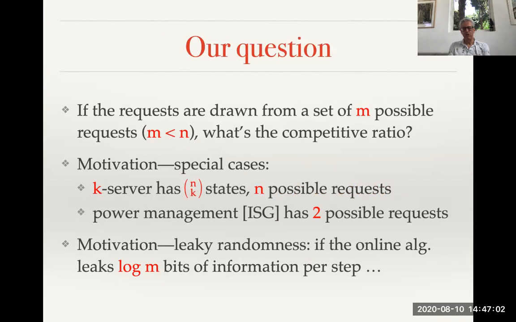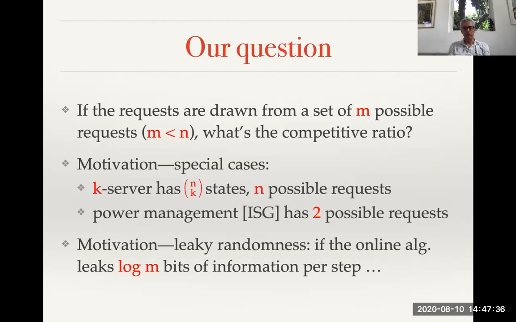So the parameterization that we are looking at is the following. We want to limit the set of possible requests that the algorithm encounters, because there are many special cases where not all possible requests can be used, and the specific online problem actually can only encounter a subset of all the possible requests.